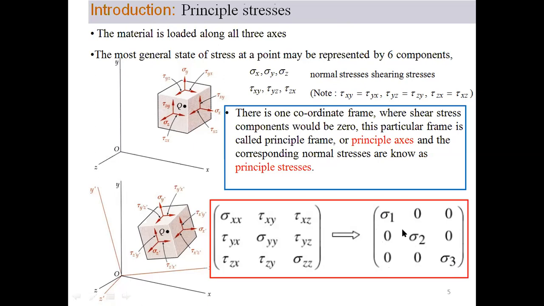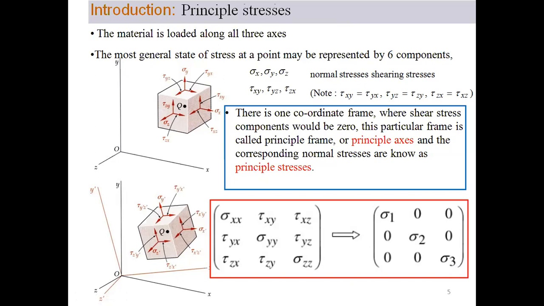And the values of the normal stress at those principal axes are known as principal stresses. And those principal stresses, normal stresses, would be either maximum or minimum. Some would be maximum and some would be minimum. That we would be discussing in our coming lectures or coming slides.